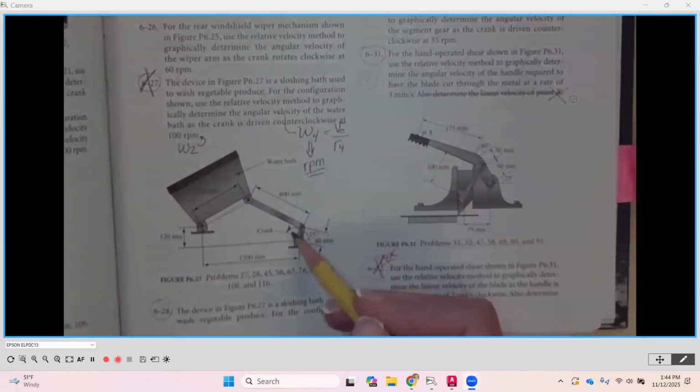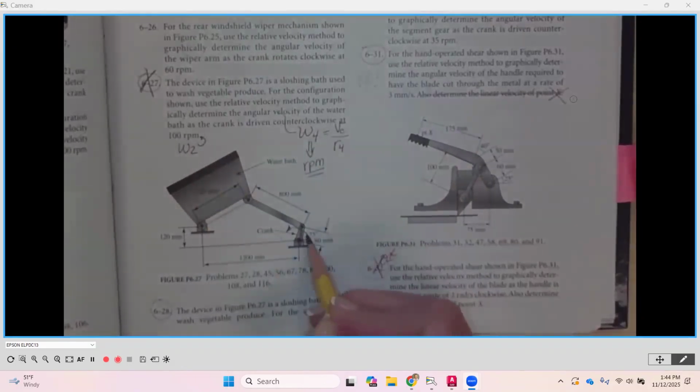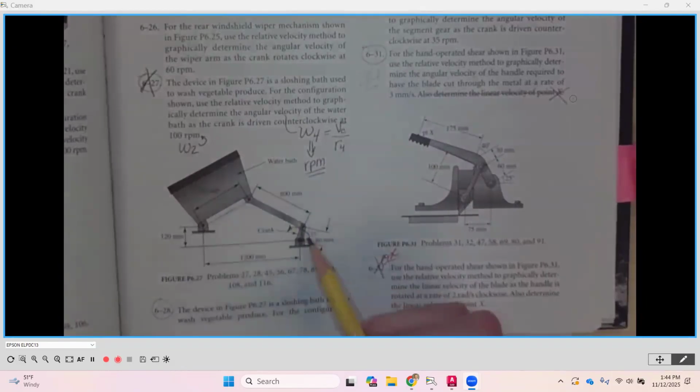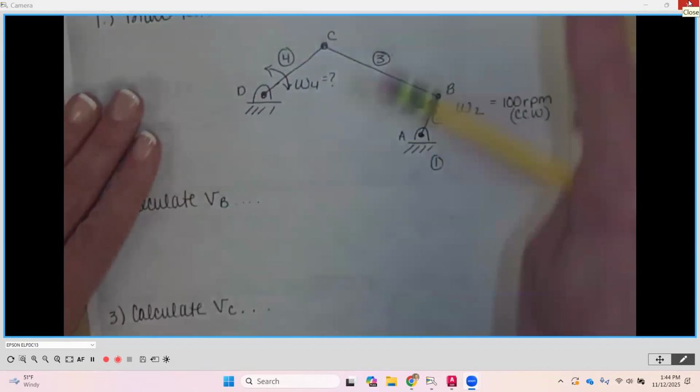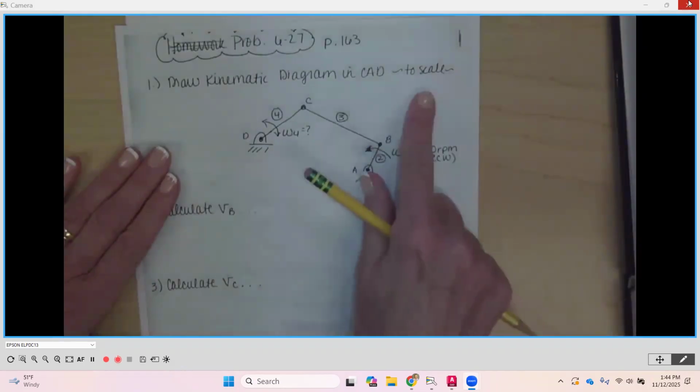Angular velocity, which is going to be lowercase omega, is going to be the symbol. As the crank, which is right down here, is driven counterclockwise at 100 RPM, so that is going in this direction, and that would be what we would call our angular velocity, W2, for our crank here. So first things first, we are going to draw the kinematic diagram in CAD to scale.